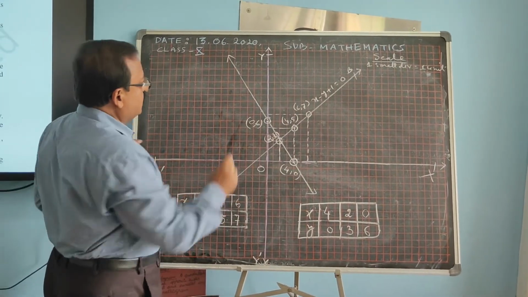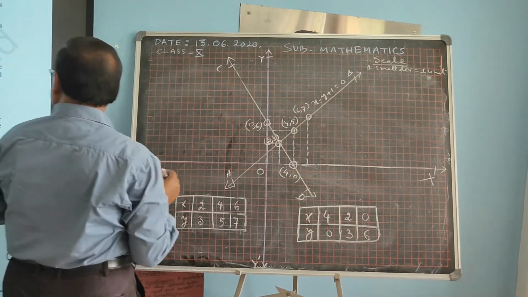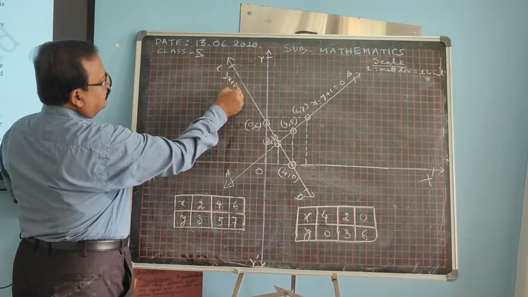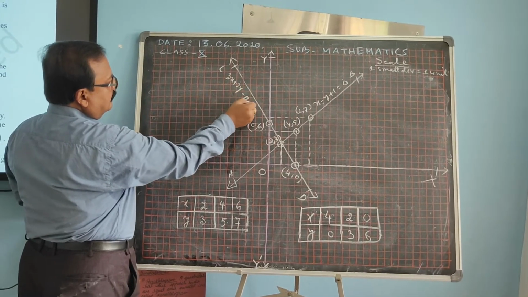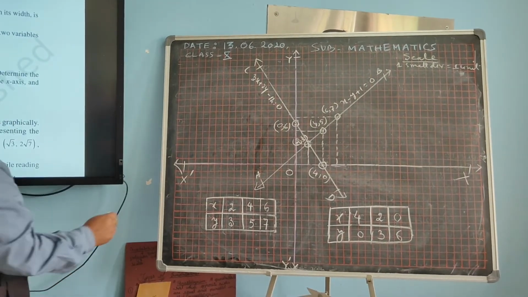So you add these 3 points. Then suppose this is CD, and the equation is 3x plus 12 minus 12 equal to 0. Okay.